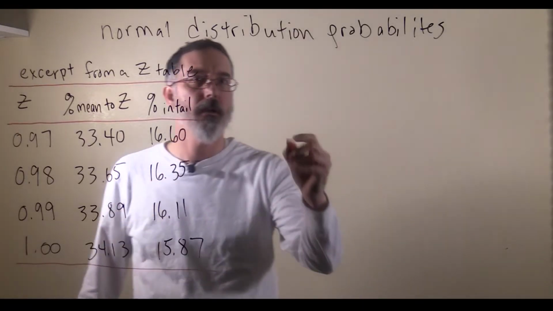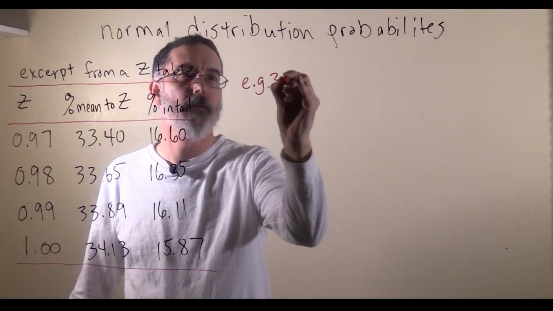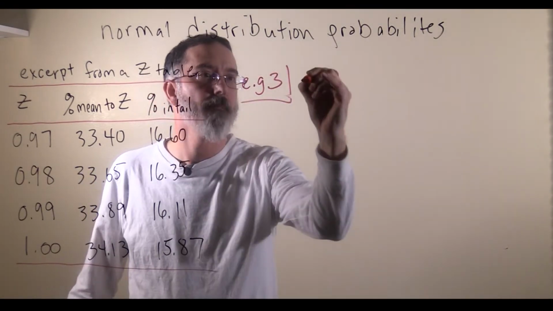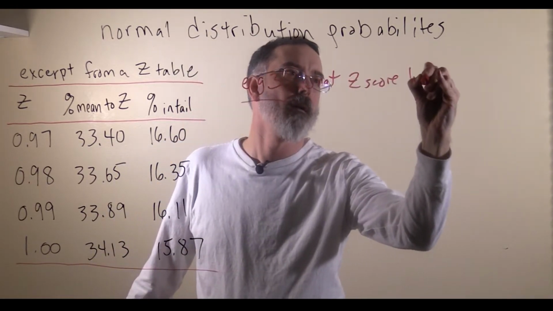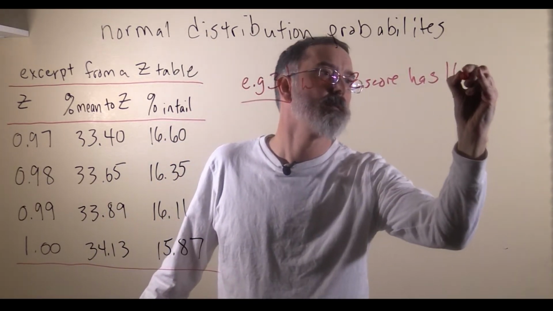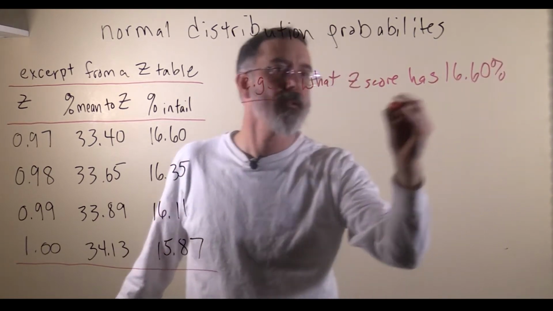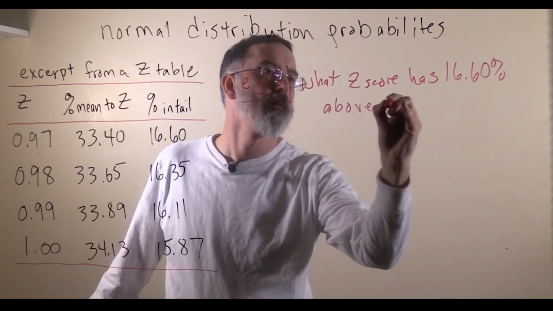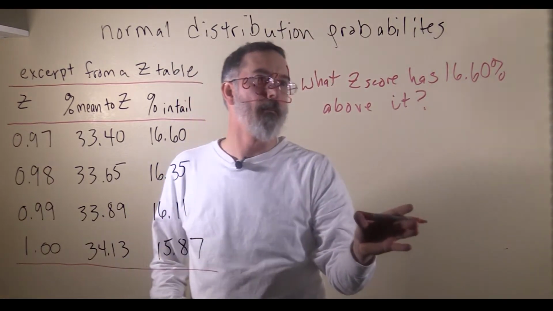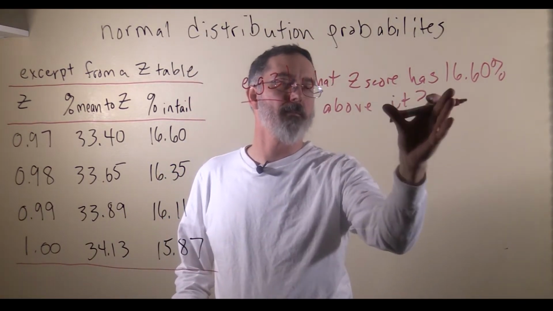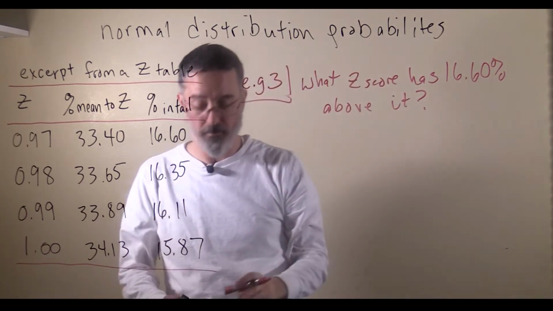All right, so now we're going to try another kind of problem. Here we're going to look at what z-score has 16.60% above it. All right, so last time we were given the z-score, had to figure out the percent. Now we're given the percent, we have to figure out the z-score.